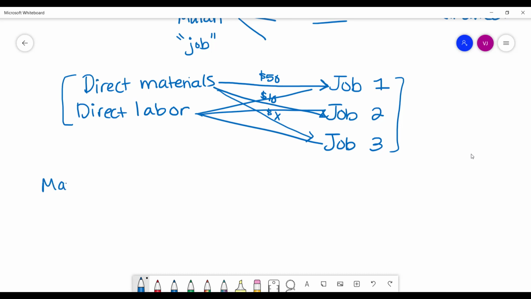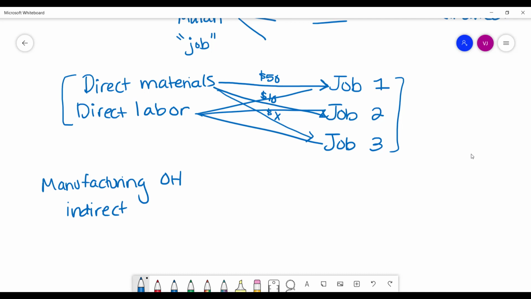But remember, there's a third manufacturing cost called manufacturing overhead. If these two costs are direct costs, manufacturing overhead is everything else: those indirect labor costs and indirect materials costs. Remember, what did we say was the difference between manufacturing overhead and these direct costs?